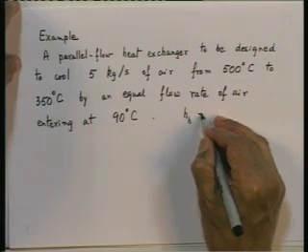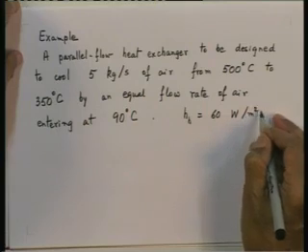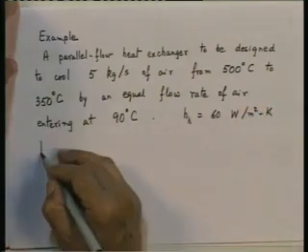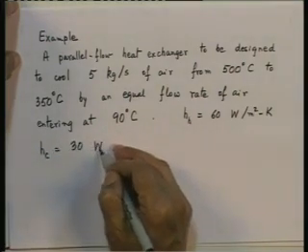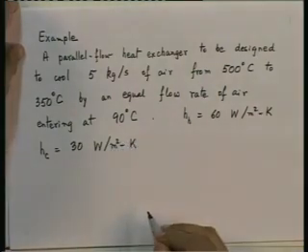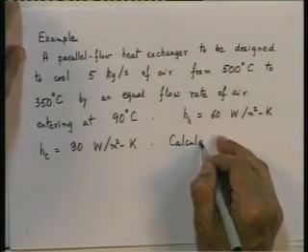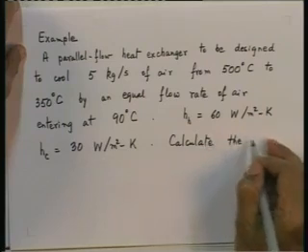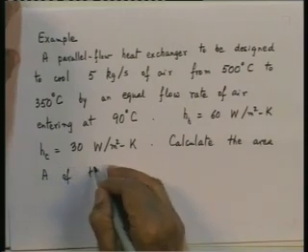We are given that the heat transfer coefficient on the hot side HH is equal to 60 and on the cold side HC is equal to 30. These are the values of H. Calculate the area A of the heat exchanger.